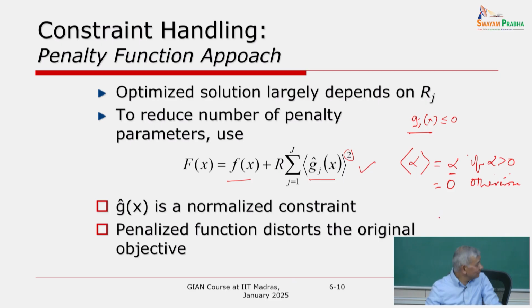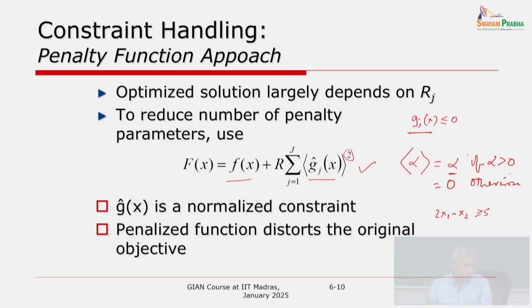Let's take one of these constraints, say 2x1 minus x2 is greater than or equal to 5. First thing I'm going to do is convert it into less than. So minus 2x1 plus x2 plus 5 is less than or equal to 0, putting it on this side.